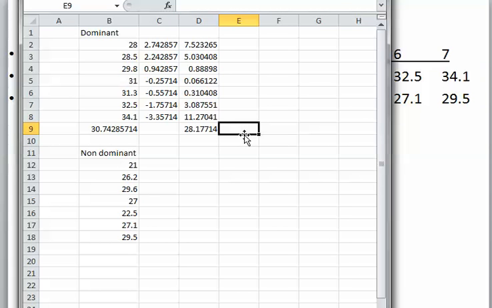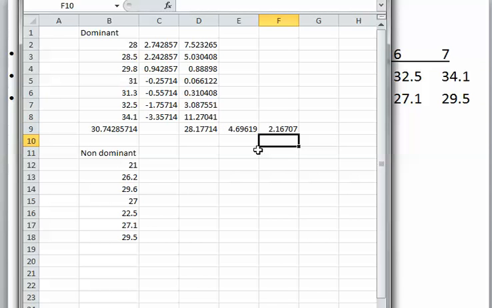and then I need to divide it by n minus 1, so I need this value divided by 6 because n is 7 samples, and then I need the square root of that, which is the square root of that value.